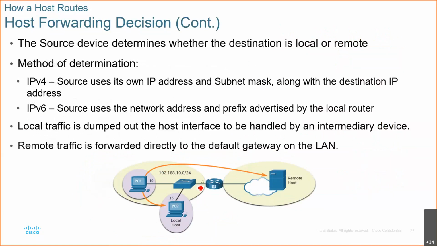These routers are the backbones of our internet. So the source device will determine whether the destination is local or remote. If it is local, for example, if you are sending from this source .10 to 192.168.10.15, it will know that it's local.